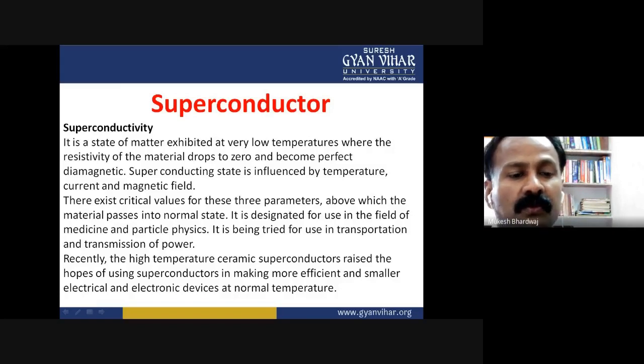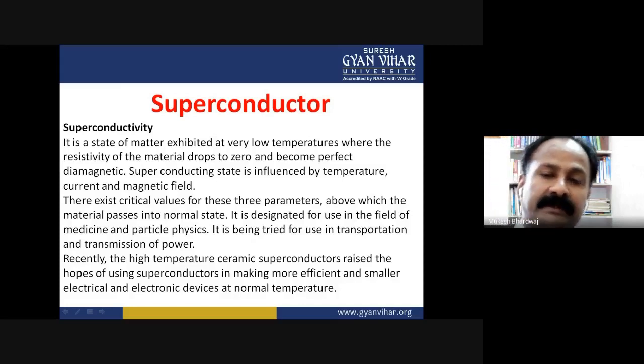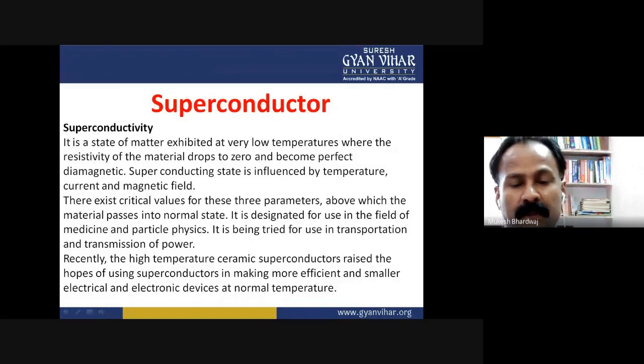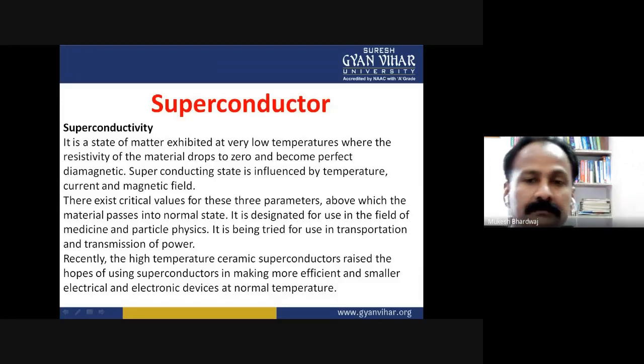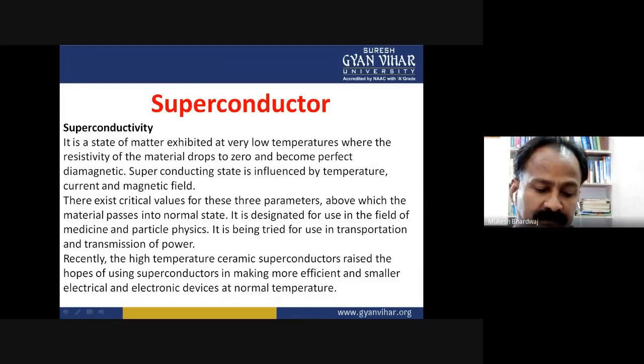So, we have discussed a lot about the semiconductors in detail. Now we are going to start with the topic superconductors. To understand the superconductor in detail, we first need to understand the definition of superconductivity.